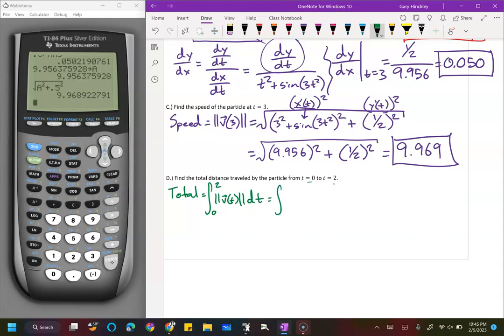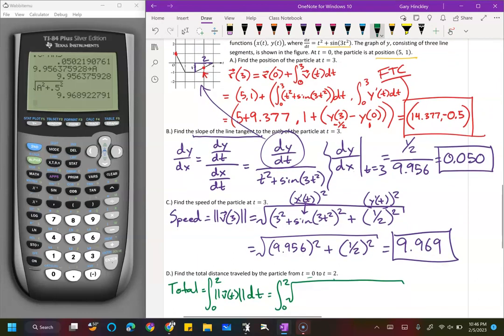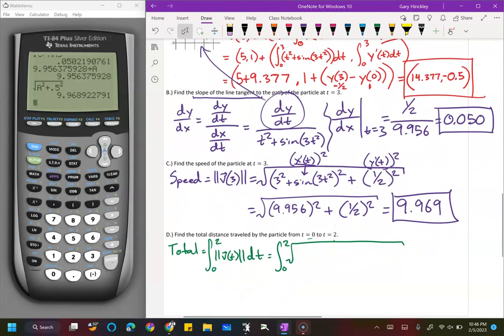So that's the integral from 0 to 2 of the square root. Total distance, this is our arc length that we want to find. Wonder if I'm going to have to split that up.